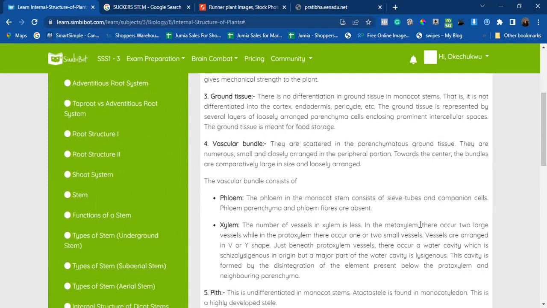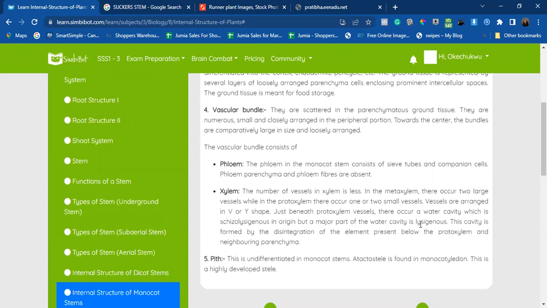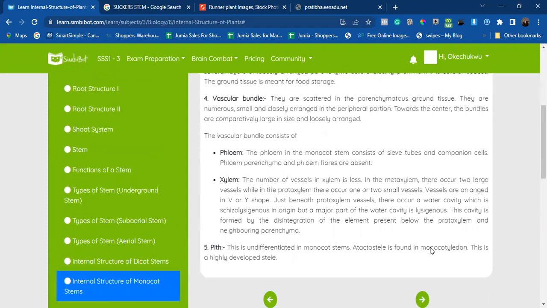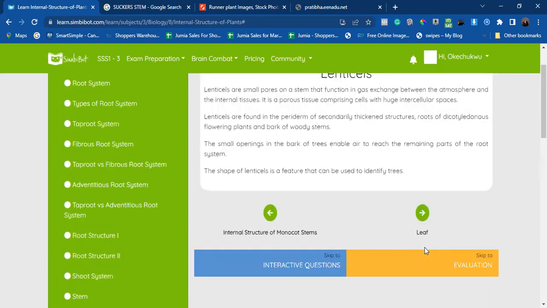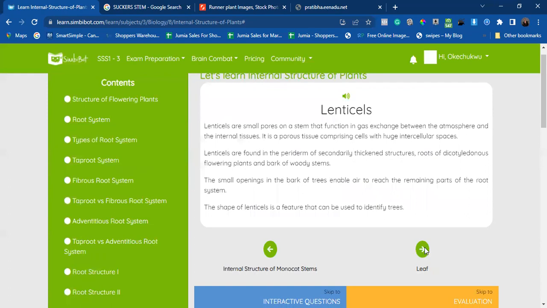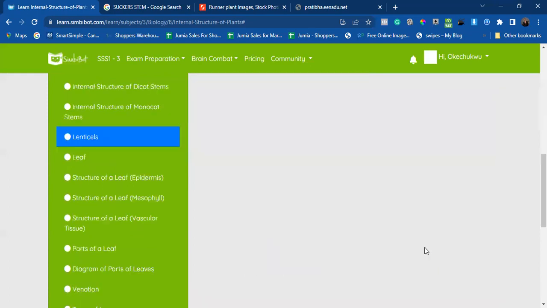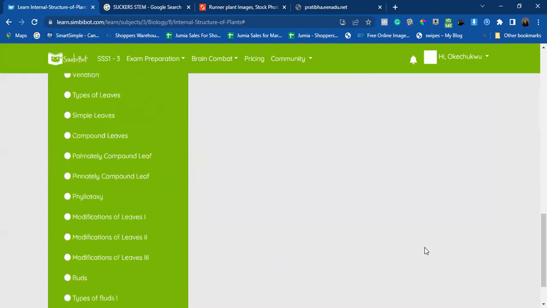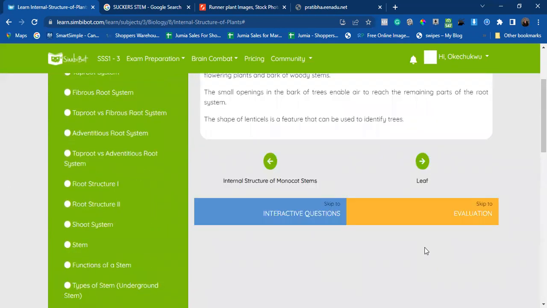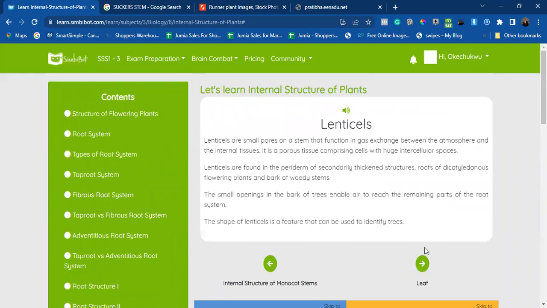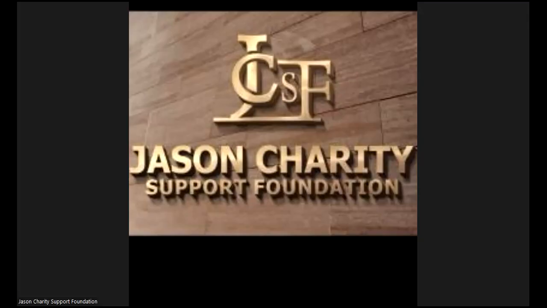Then the vascular bundles and the pith, the lenticels. These are all structures. The lenticels function.